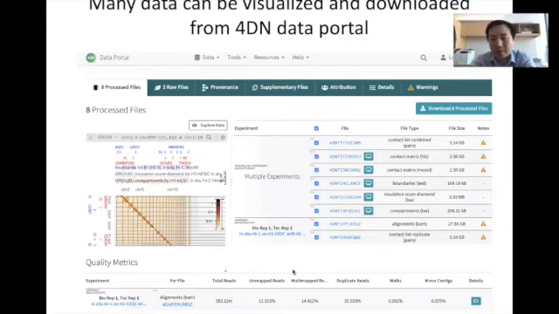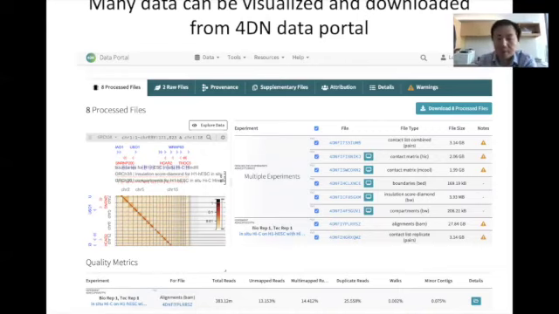The DCC is funded by the 4DN, so they have a lot of resources. All the raw files, the matrices, and the BAM files can be downloaded. So this is a very nice visualization as well. Again, you can go to 4DN to download a lot of pre-processed files as well. It's a great resource, right?